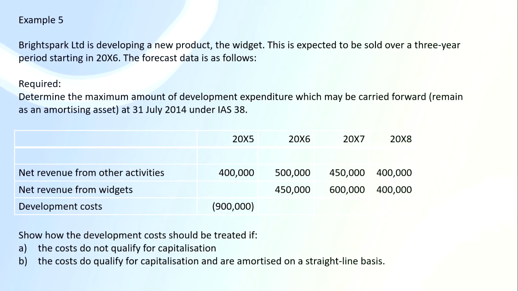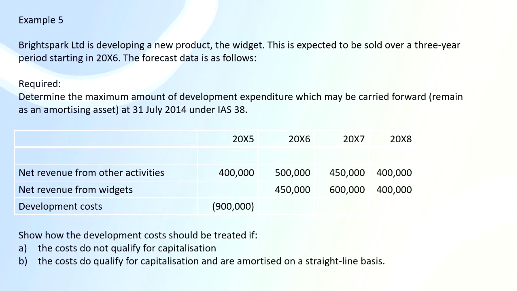So the first one, the costs do not qualify for capitalization. It means that these costs do not meet the 6 criteria classified in International Accounting Standard 38. So when it doesn't meet these criteria, this 900,000 is expensed in the year 2005.